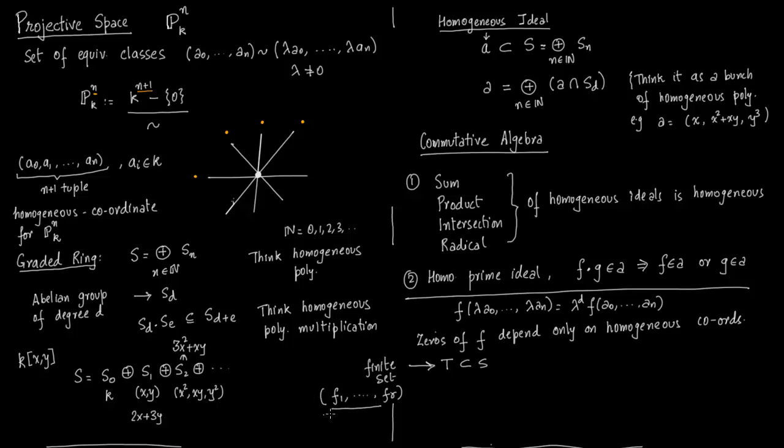Even if T is an infinite set, S is a Noetherian ring, so S is a graded ring, and it will be generated by a finite number of elements.